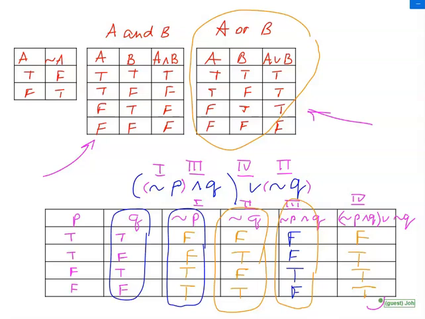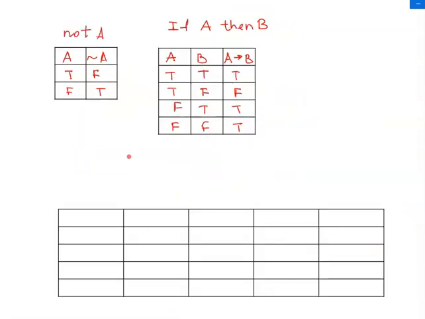Okay, so I have one more problem which involves conditionals. I already have a few tables here to help us. This is the table rule for conditionals, and the problem actually is not complicated.